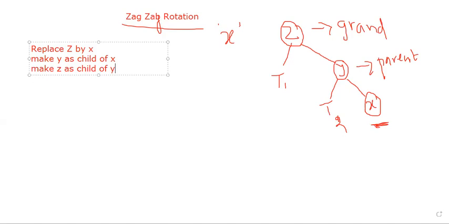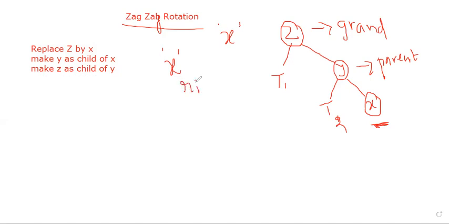Now the difference between the zig rotation and the zigzag rotation is that here the element you want to search is on the right side of the grandparent. So x is on the right side.